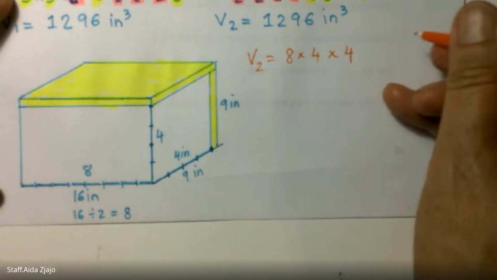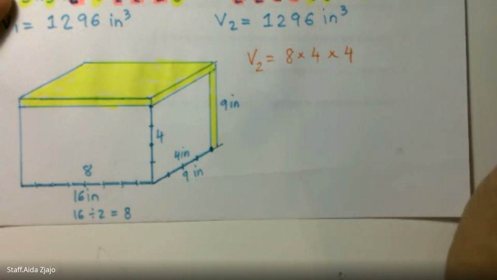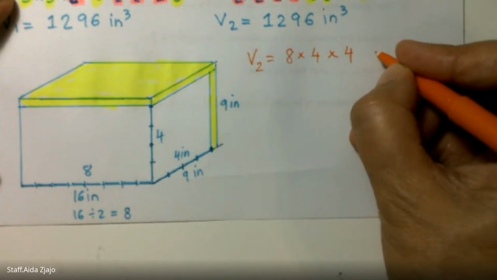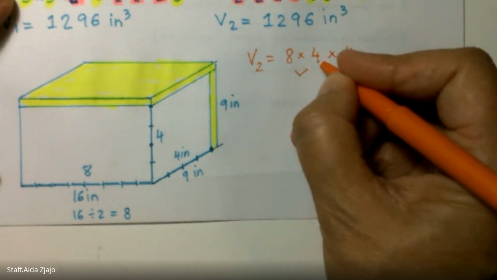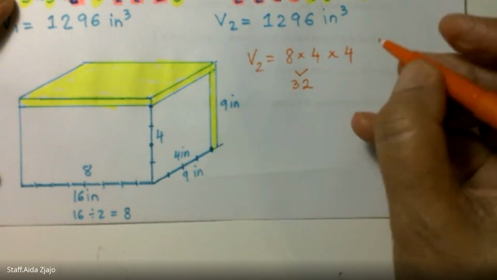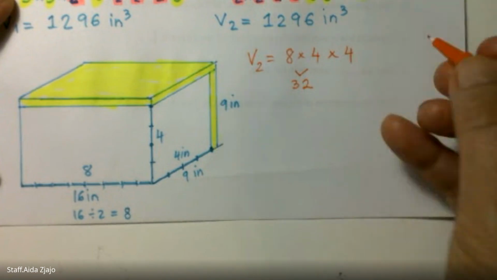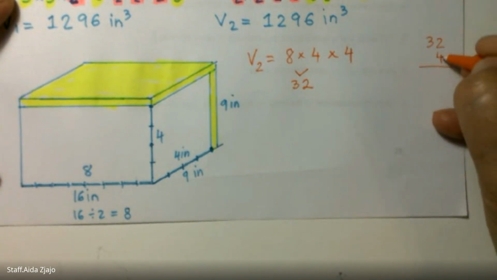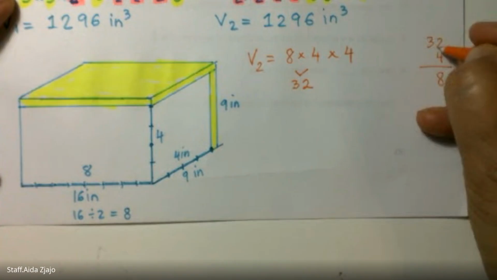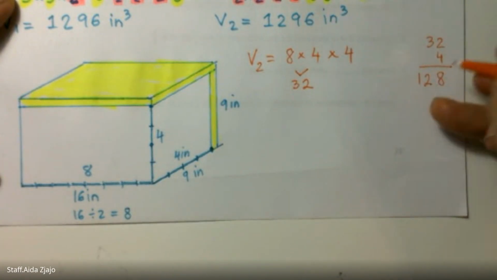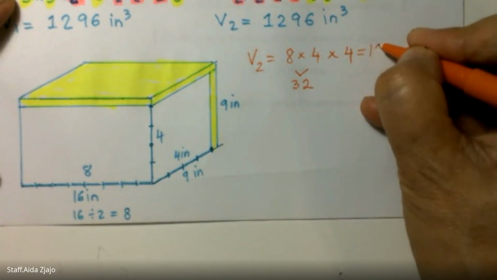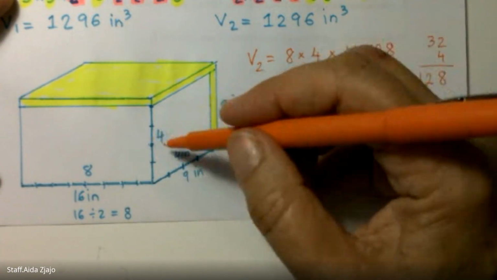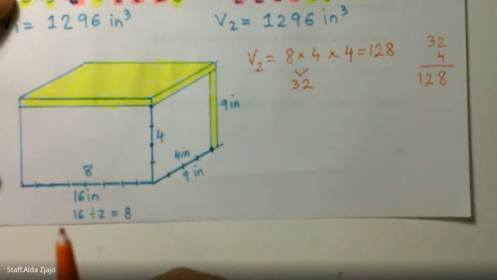So 8 times 4 is 32, and then times 4. You can think about 32 times 4: 2 times 4 is 8, 3 times 4 is 12. So 128 2-inch cubes would fit in this part.